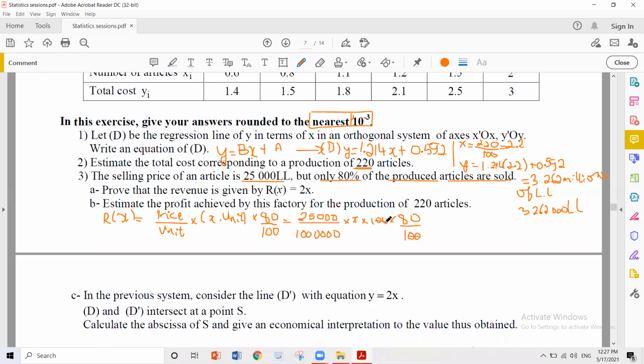Hundred. 1, 2, 3, 4. We get 2x. Any questions about the revenue? هذا part number 3.